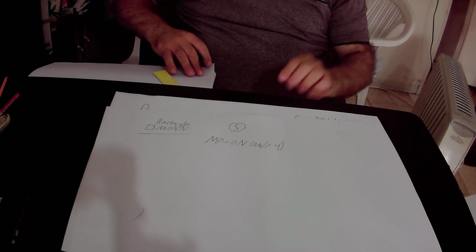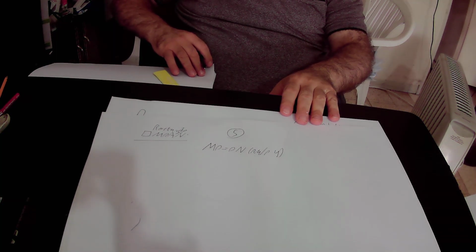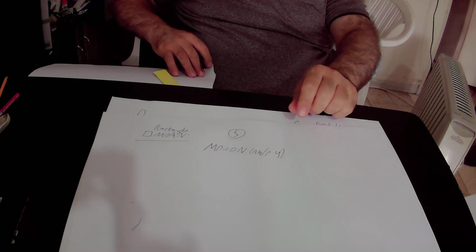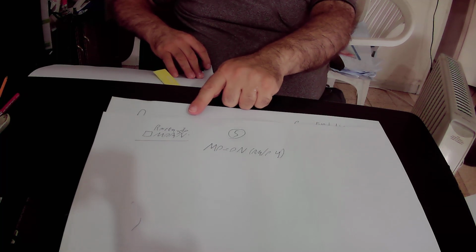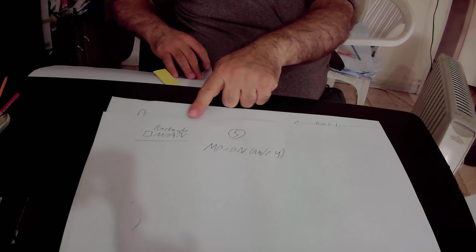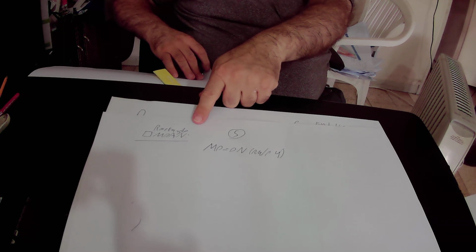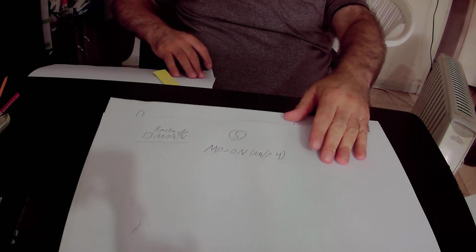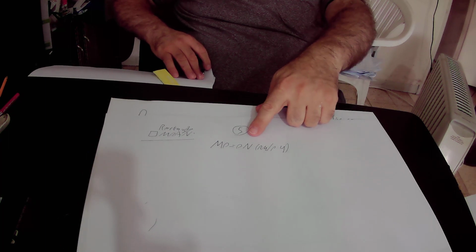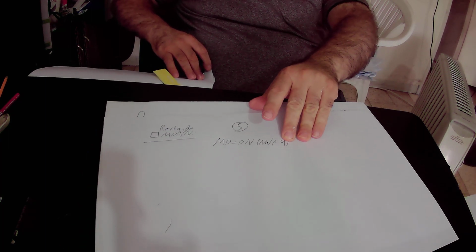MO equals AN according to rule number 4, that the opposite sides of a rectangle are equal to each other. Therefore, the opposite sides in rectangle MOAN must be equal to each other. That is to say, MO equals ON.